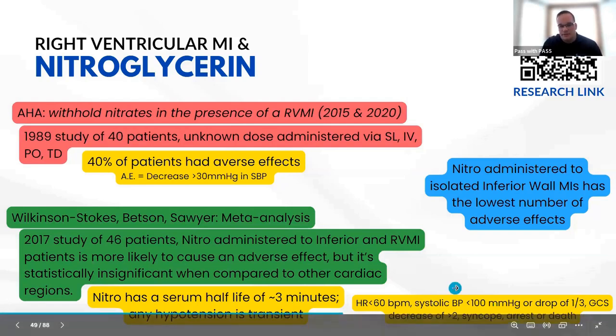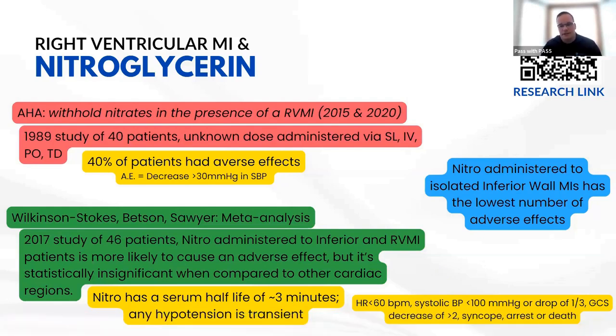So what that 2017 study classified as an adverse effect was a heart rate less than 60, a systolic blood pressure of less than 100, or a drop of 1/3 of its initial value, a GCS decrease of more than 2 points, syncope, arrest, or death. The study in 1989 of 40 patients just classified an adverse effect as a decrease of 30 or more millimeters of mercury in the systolic blood pressure.